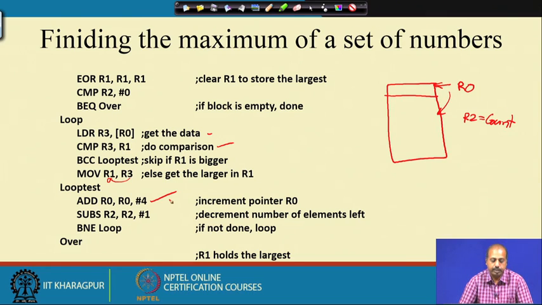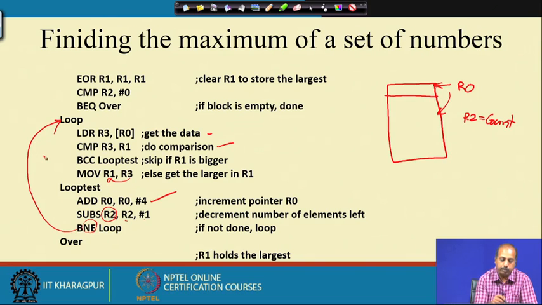Then we reduce R2 by 1 and store the number in R2, and if it is not equal, that is, if the zero flag is not set, then branch on not equal to loop. So, we will come back to this point, again load the next number and compare.